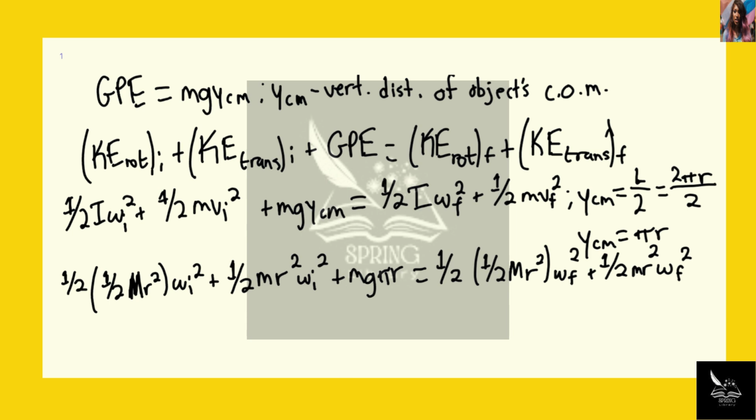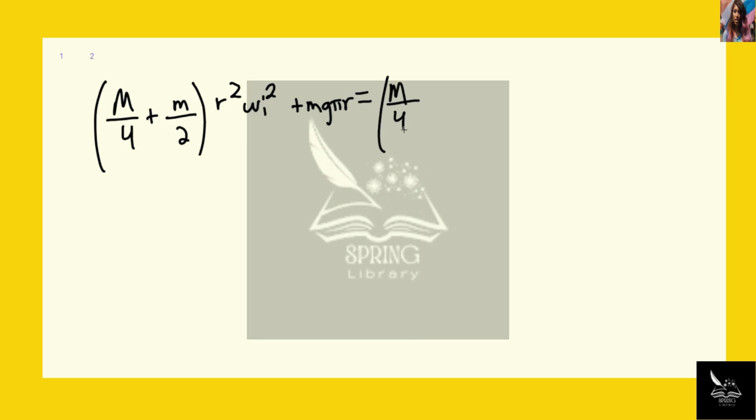So we can say that M plus M over 4 plus small m over 2 times r squared omega initial squared plus m g pi r equals M over 4 plus m over 2 times r squared omega final squared.